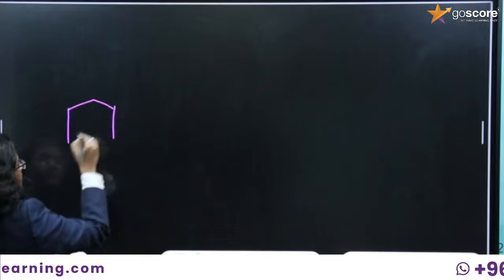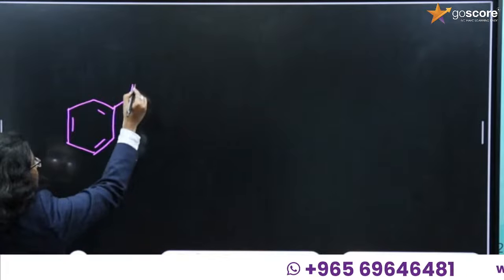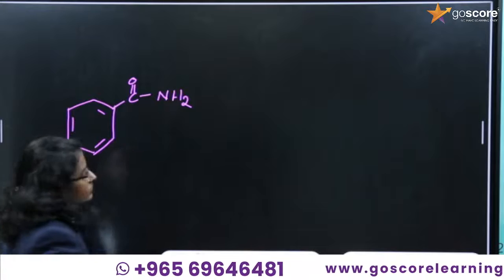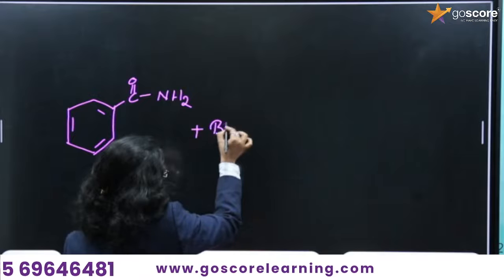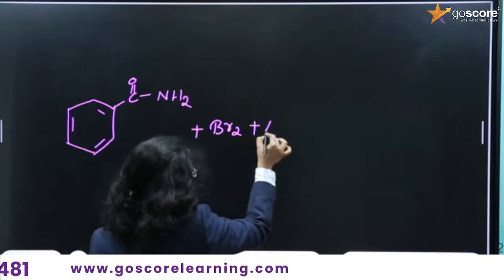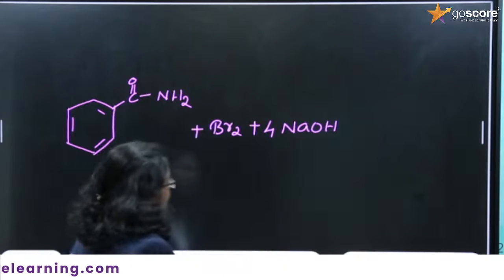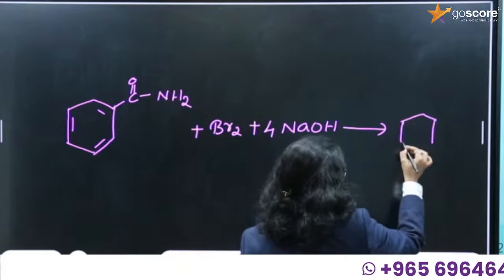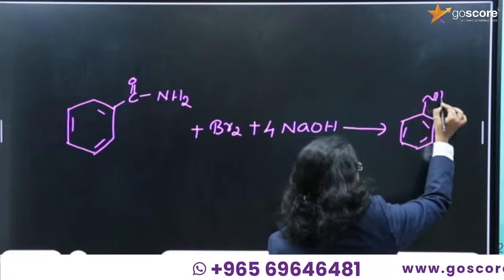Okay, this is benzenamide, benzene containing C double bond O NH2. Is it? This amide on reacting with Br2 plus 4 NaOH, you will get NH2.